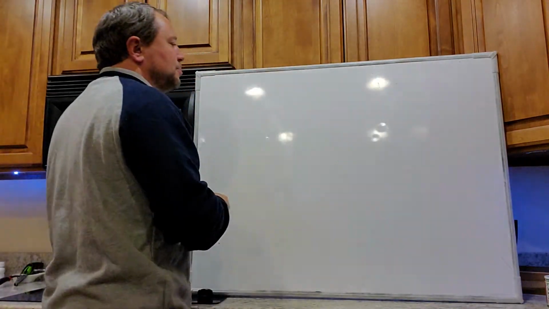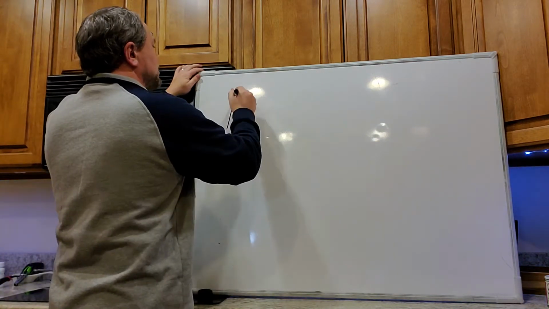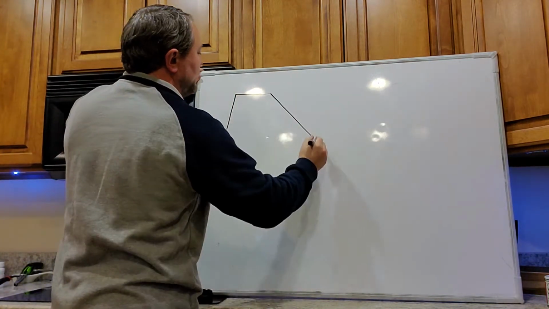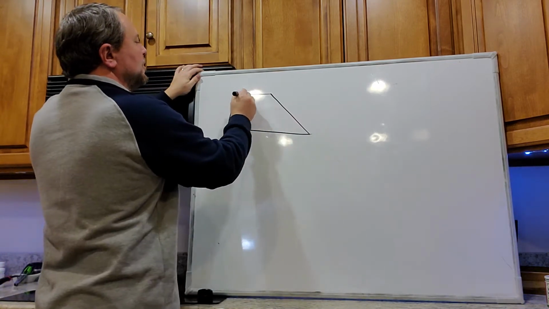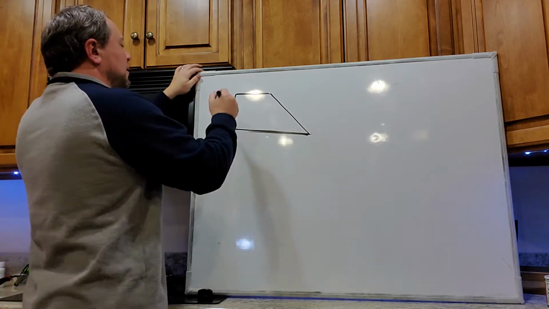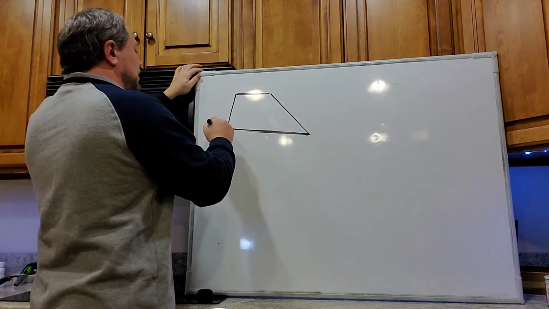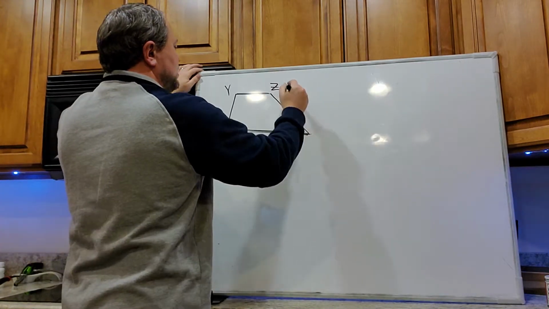Okay, so I'm going to switch back to my black colored marker here. I'm just going to draw for you just any old typical type of trapezoid, maybe one that looks like that, where this top and bottom run parallel to each other. Okay, and I'm going to call this one X, Y, Z, W.